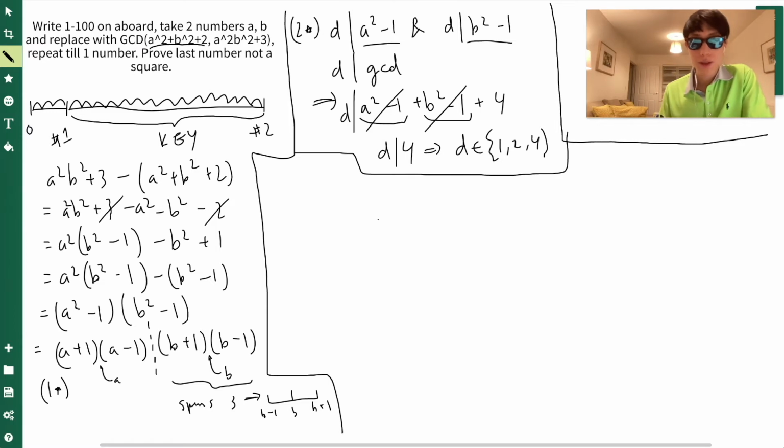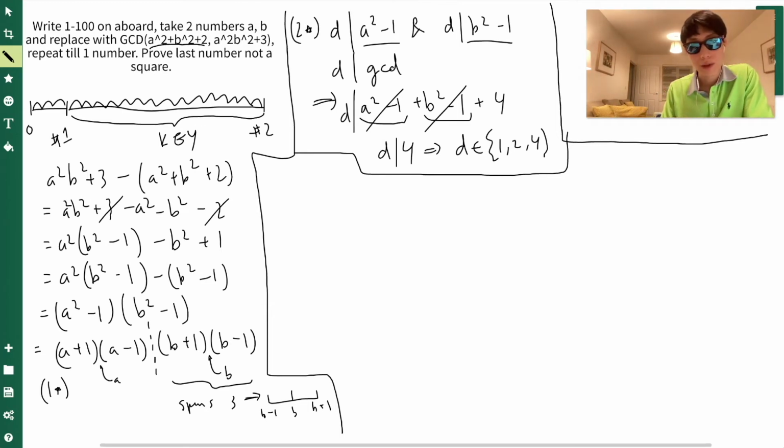As I mentioned earlier, since we're going to use our intuition for this mod 3 idea, and the problem doesn't tell you anything about the order of how you're applying this operation, there has to be some sort of invariant that is maintained as you remove numbers from the board.